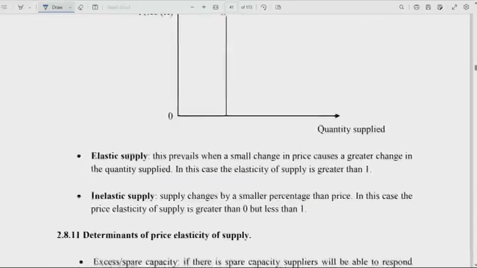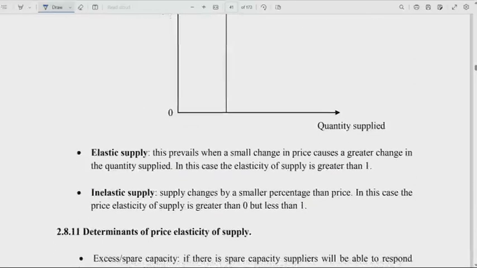So basically that's it. And when it is elastic supply, this prevails when a small change in price causes a greater change in the supplied quantity. In this case, elasticity of supply is greater than 1. So where we are saying that the supply is elastic, that means the answer that we're going to find is always going to be greater than 1.